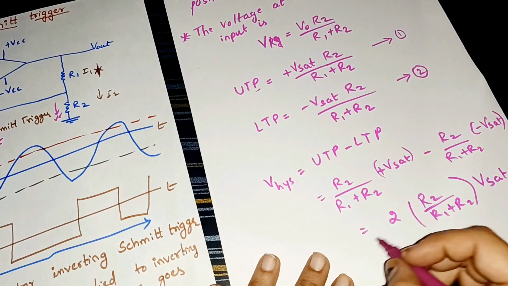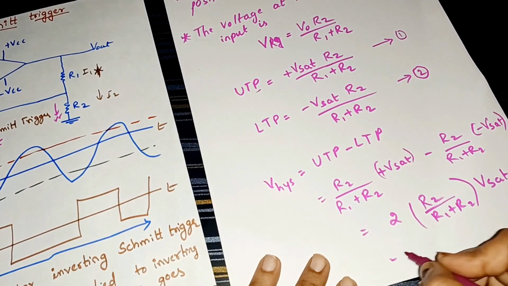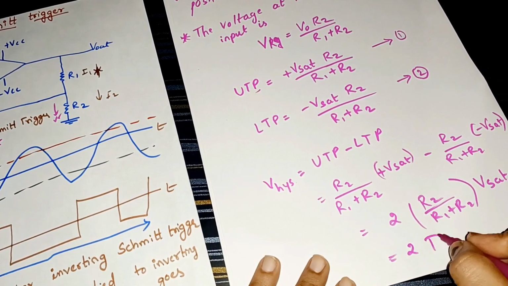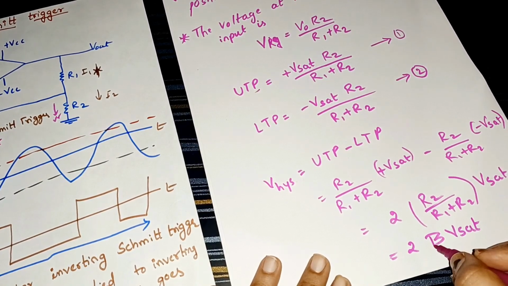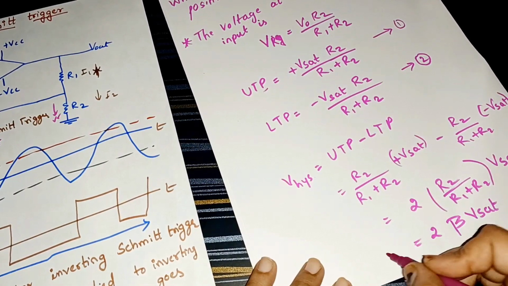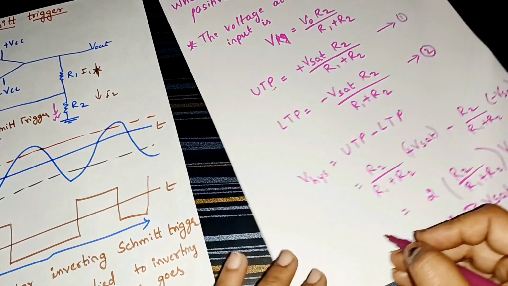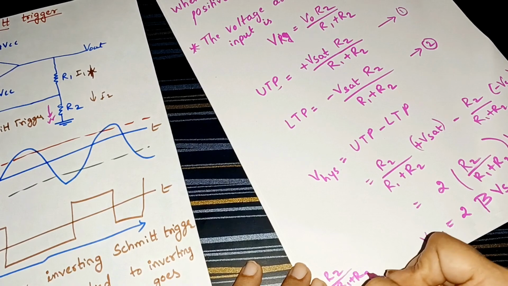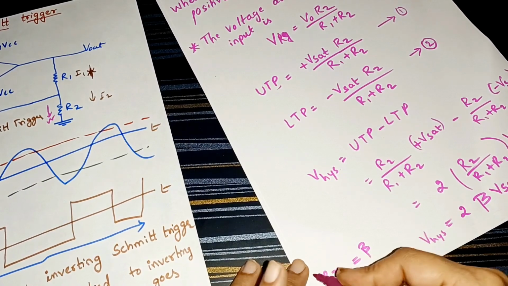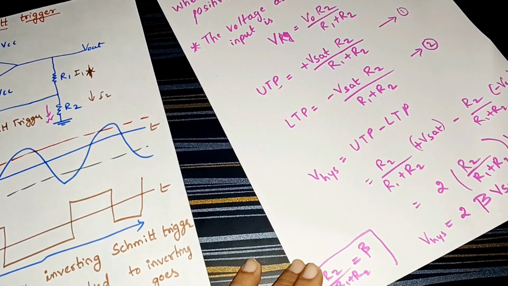So here we can write 2 into beta Vsat. V hysteresis is equal to that, where R2 by R1 plus R2 equals beta. So we are converting to beta.